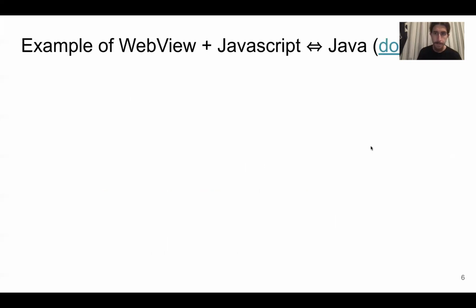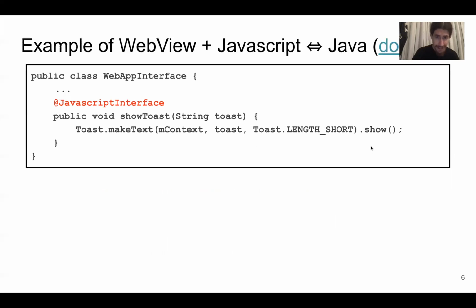Here is an example of how you actually can do it. First of all, let's say you have a showToast method. This is Java code. And let's say that you want to have this showToast method available from JavaScript. So later on you want an HTML page which contains some JavaScript, and this JavaScript should be able to call and invoke the showToast method.